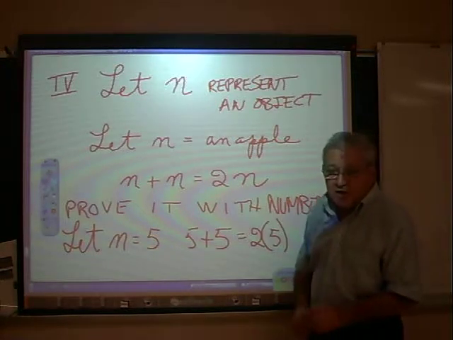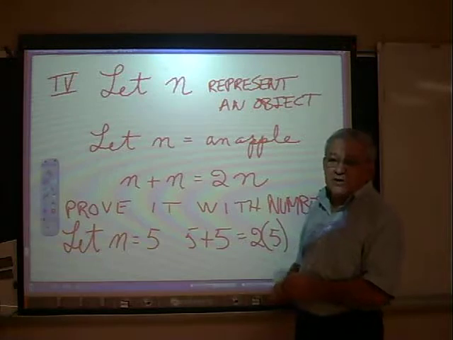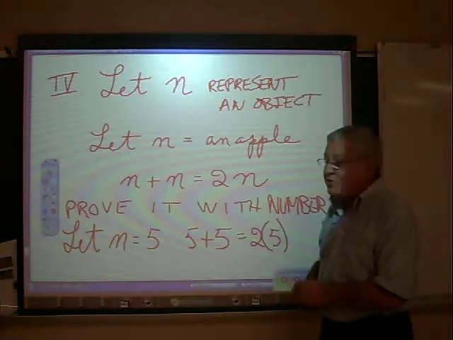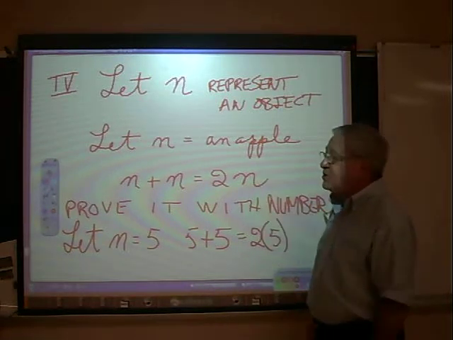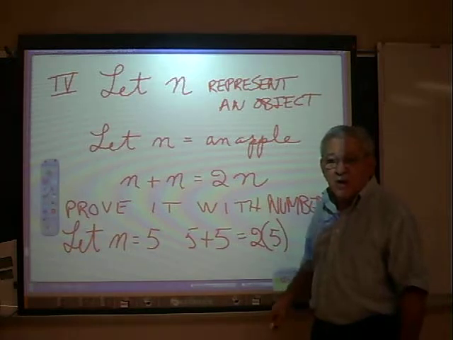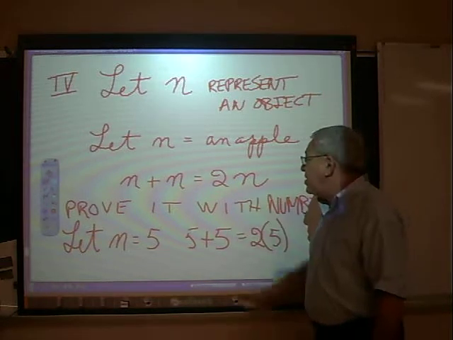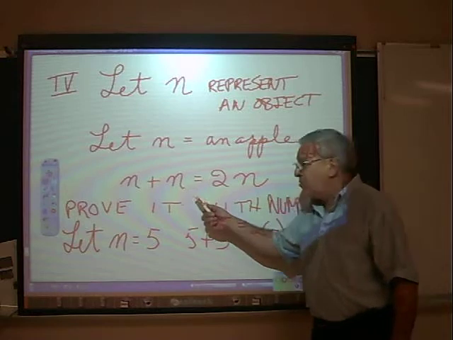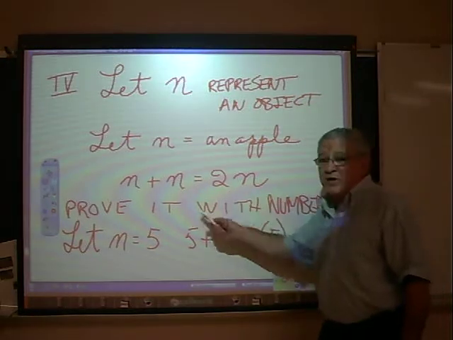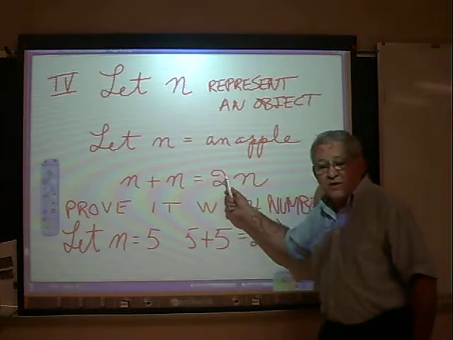Now, one of the other things we can do is just to simply let the variable represent an object. So here, for instance, we'll let n stand for an apple. So if we have n plus n, well, that's 2n, because apple plus apple is 2 apples.